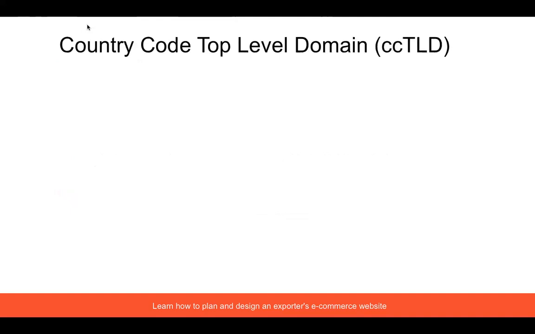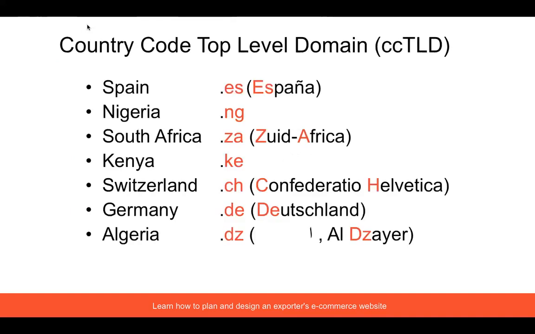Okay. As you know, later we have the country code top-level domains, but I don't like them. I'm going to explain why. I don't like them because country code domains are based on the 2 first letters of the name of the country in the local language.